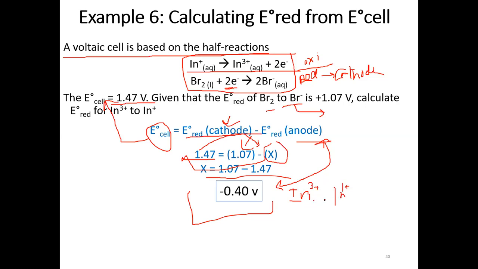Right. So that's what we are looking for. 3 plus, 2, 1 plus. Gain of electron. Gain of electron means reduction. Reduction means cathode.